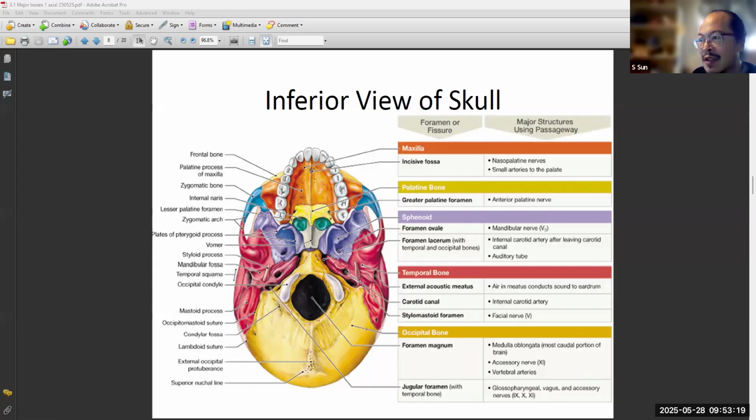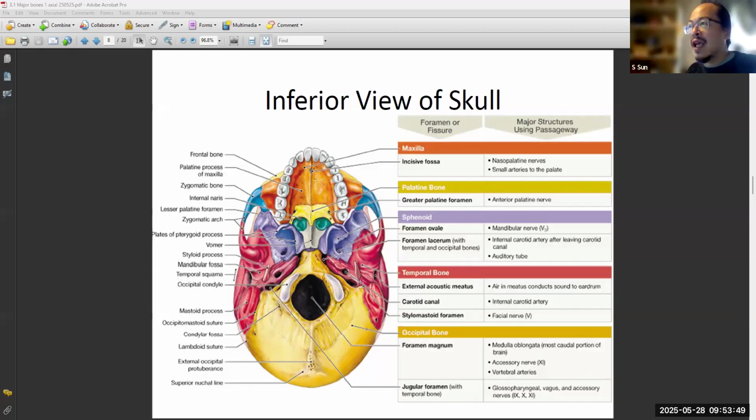You have the occipital protuberance and the superior nuchal line, which basically allow your skin and also back muscles to attach to it. But talking about the holes, this is an important one, foramen magnum.